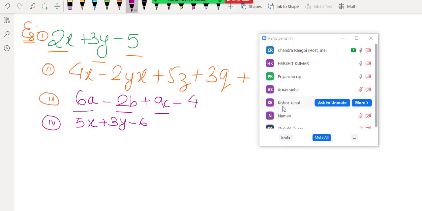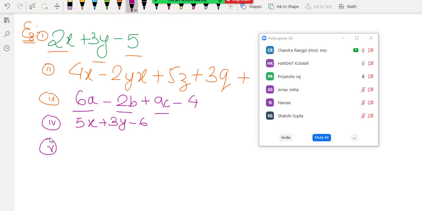Okay, the next one, Naman. Give me one example of an algebraic expression. 4z, very good, plus 5a, very good, plus 8b, very good.